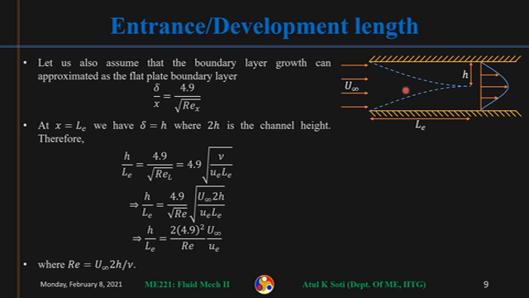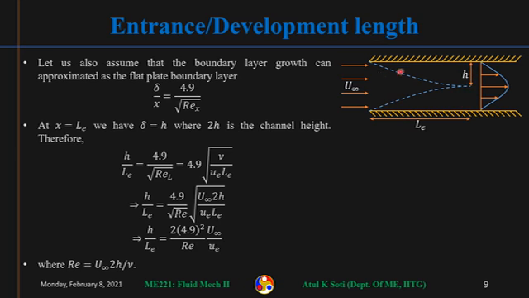So first let us get a very simple approximation based on what we know. Assuming the boundary layer thickness approximation is for a flat plate case, delta by x is equal to 4.9 upon root Rex. That is the flat plate boundary layer growth approximation that we are going to use here. Now, when x becomes the development length, the boundary layer thickness should become h.